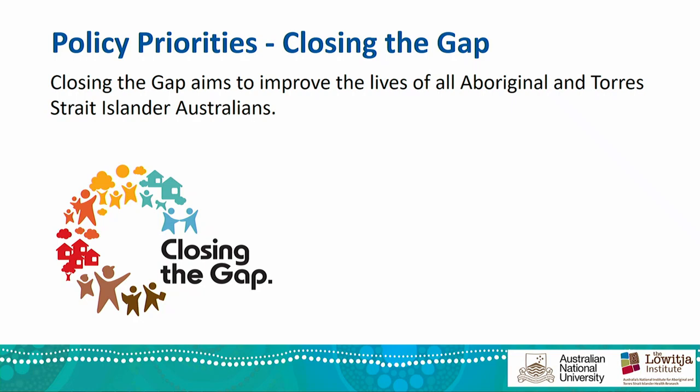So the big one that most have probably heard about at the federal level is the Close the Gap policy, or Closing the Gap policy, depending on who you talk to. So I have huge issues with this policy, I have to say, in the work that I do. And I'll tell you a little bit about that. I mean, the intent of the policy is good.